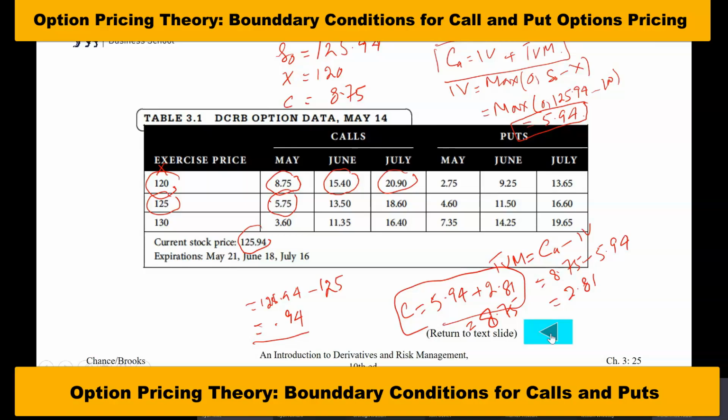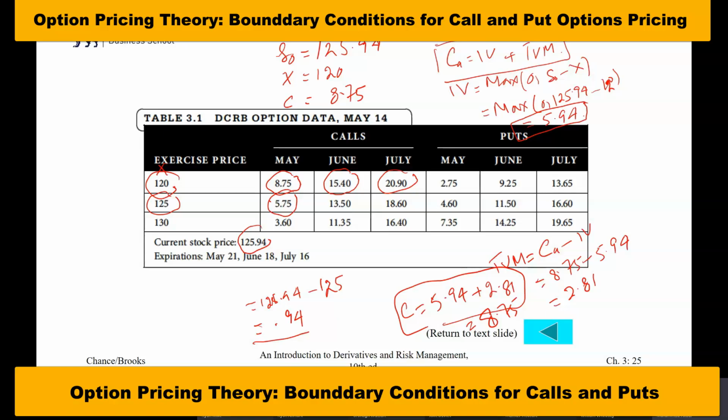What you wrote on the top right-hand side, where the maximum is the difference between the current stock price and the exercise price. Why was it 100 in that one? Oh, sorry, this is 120. This is 120. I did it correctly. I calculated 5.94, but this is 120. Okay, thank you.